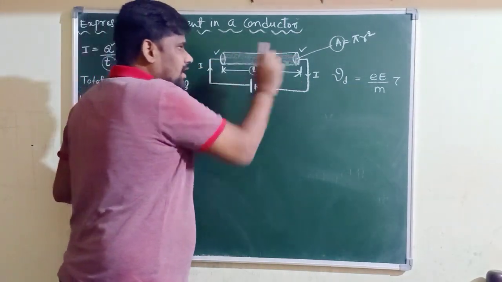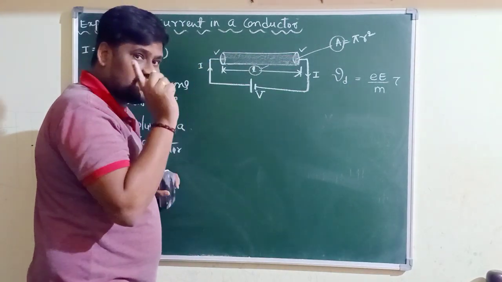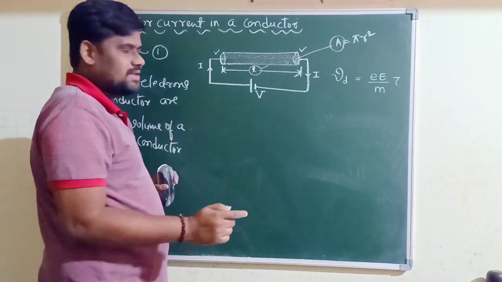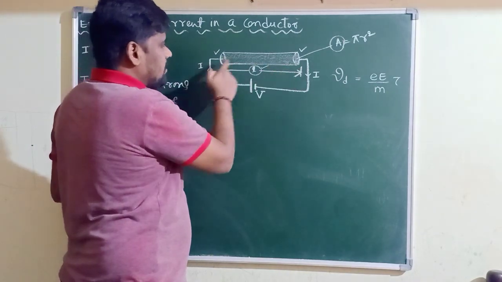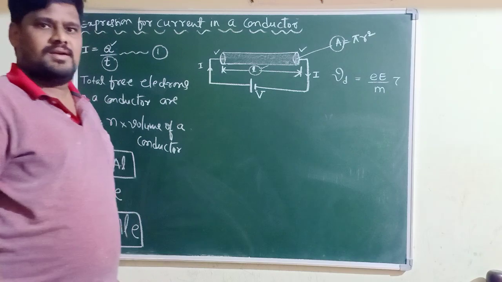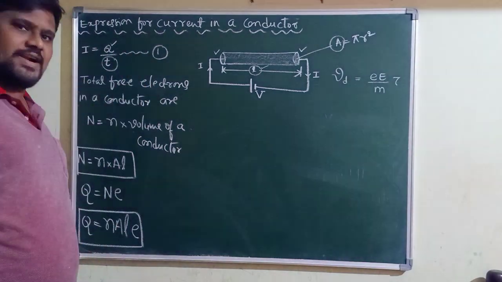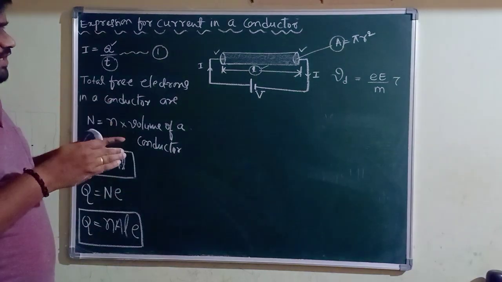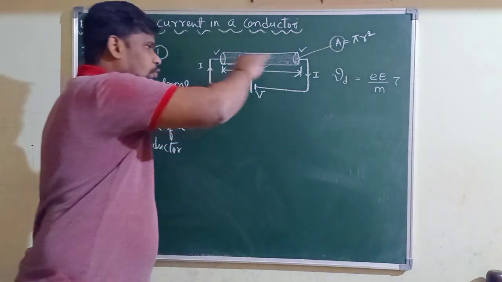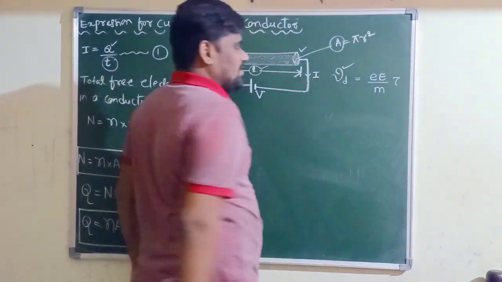The distance traveled by the charge is L. With what velocity the charge is flowing through a conductor? The velocity with which charge is flowing through a conductor is called drift velocity.